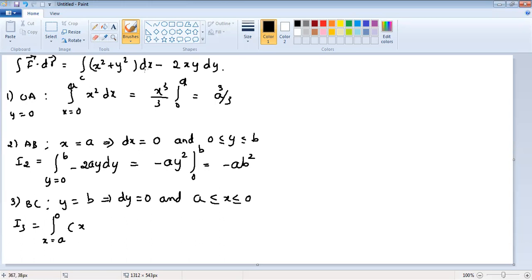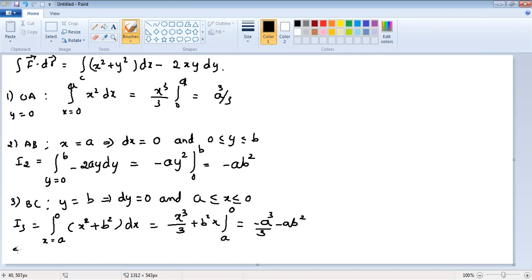So we have x square plus b square dx, which is x cube by 3 plus b square x from a to 0. So we get minus a cube by 3 minus ab square.